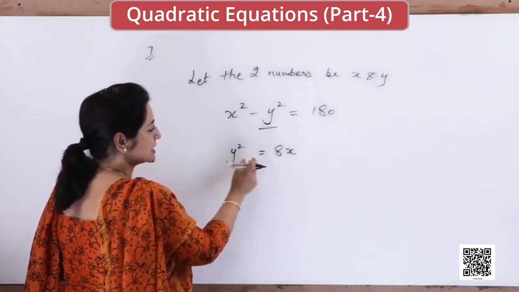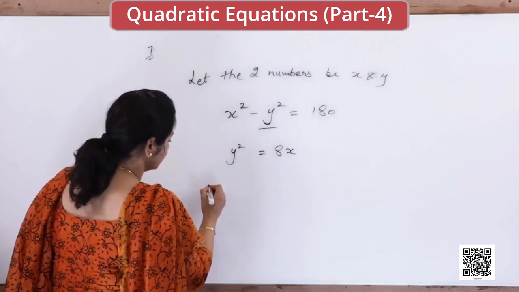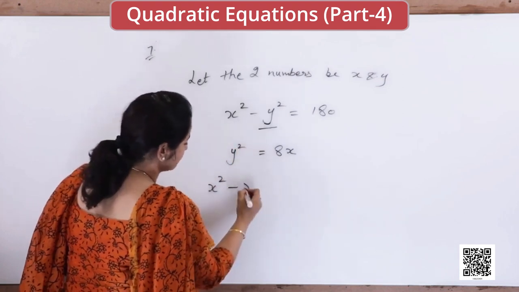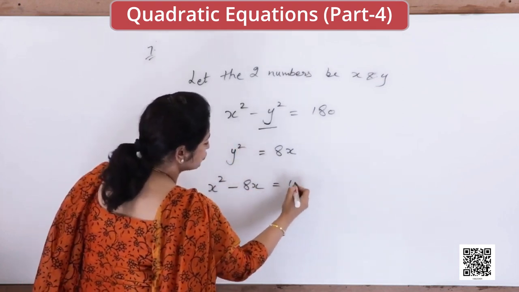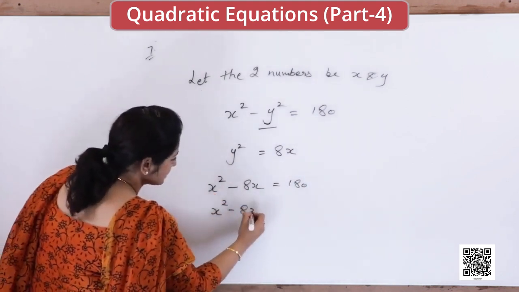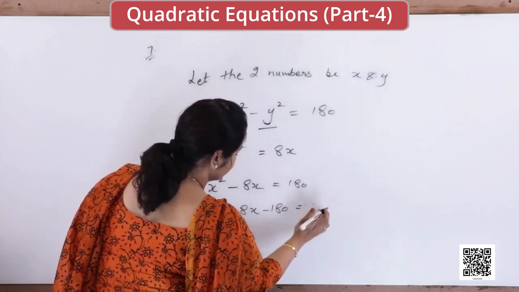So y square is equal to 8x. Now putting this value in this equation, x square minus y square, we can write 8x here, equals 180. Now it will give us the equation x square minus 8x minus 180 is equal to 0.